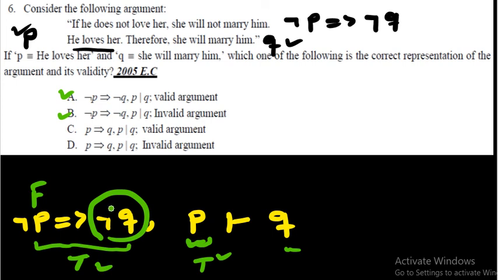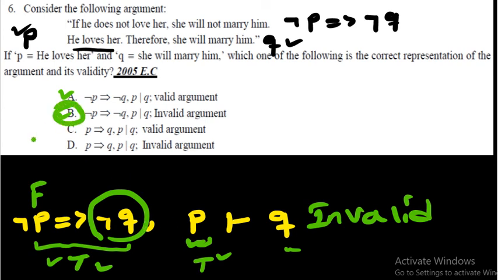We cannot say Q is true or false this time, because false implies whatever will give us the truth. As a premise, the implication is true already, but here negation P is already false. False implies whatever will give us true. Therefore we cannot say anything about Q. Q can be true or false, so it is invalid. It's not always true, Q. It's not necessarily. So the answer must be B.